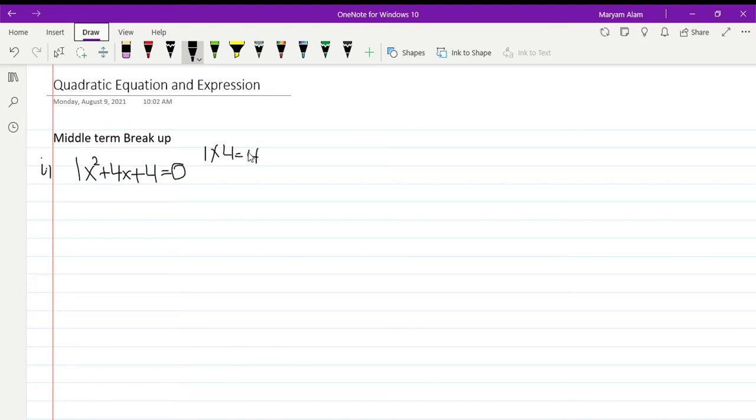By multiplying 1 into 4 we get 4, 2 into 2 is also 4, minus 1 into minus 4 is 4, and minus 2 into minus 2 is also 4. We got 4 options.